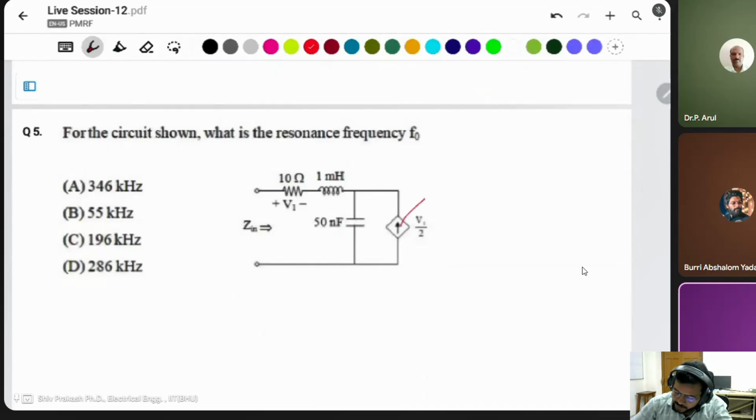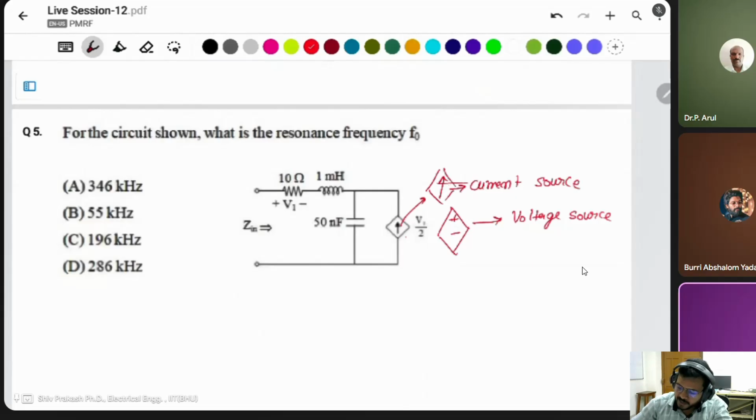Because the symbol is of a current source. If plus or minus were mentioned, that would mean a voltage source. This is a current source in a rectangular box. A rectangular box means a dependent current source.